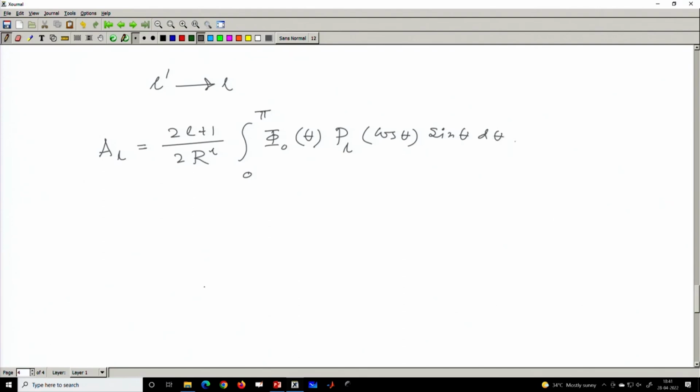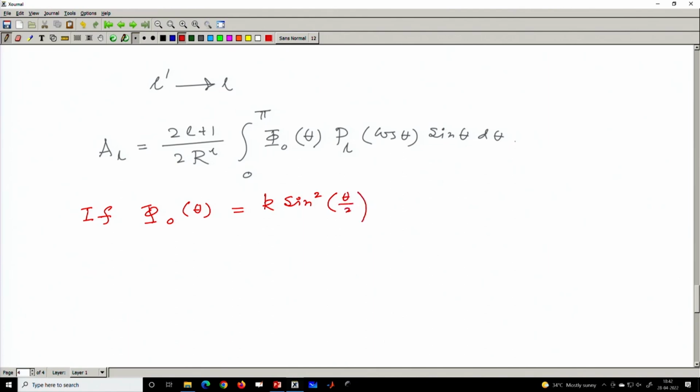Now, as I mentioned that this is not given, but now I am saying if phi 0 is given, then I can evaluate the value of A 0. Suppose phi 0 theta is given, and this value is say k sin square theta divided by 2.